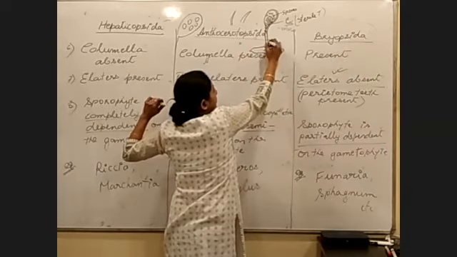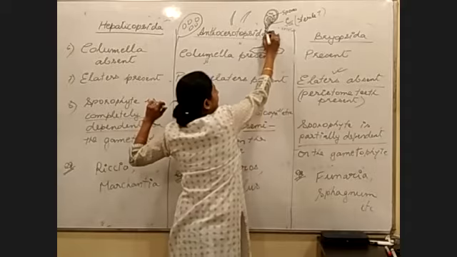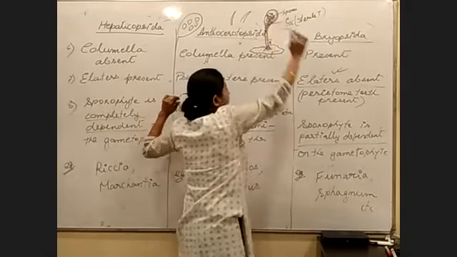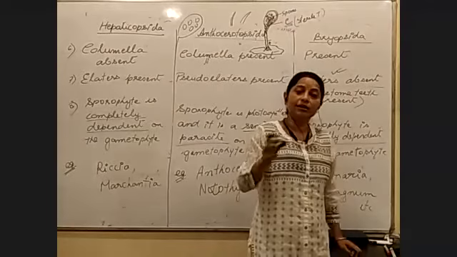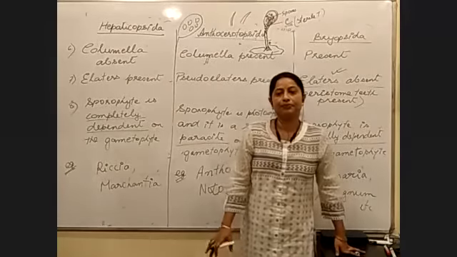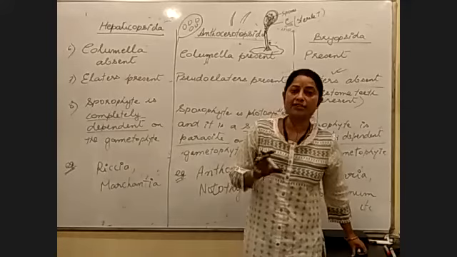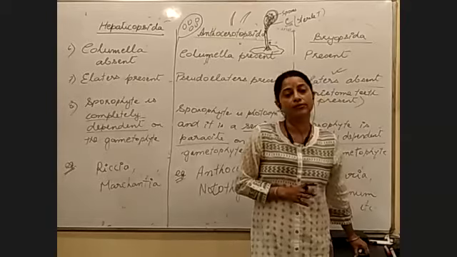So ultimately, food or water goes through the columella and reaches the spores. Do you understand? So the columella does not help in reproduction, but it helps in transportation. So what is columella? A mass of sterile tissues inside the capsule is called columella.